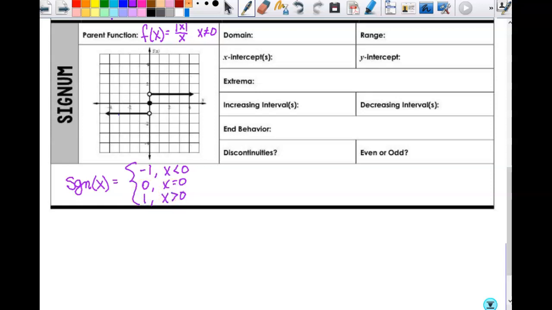So that's that written as a piecewise function. So you can actually get that 0 in there. Your anchor points are basically (0, 1), (0, 0), and (0, negative 1). But you have to know that these are open circles here. Does that make sense? So if you can get that done, and then you just draw it out, and that's it. It's that easy.